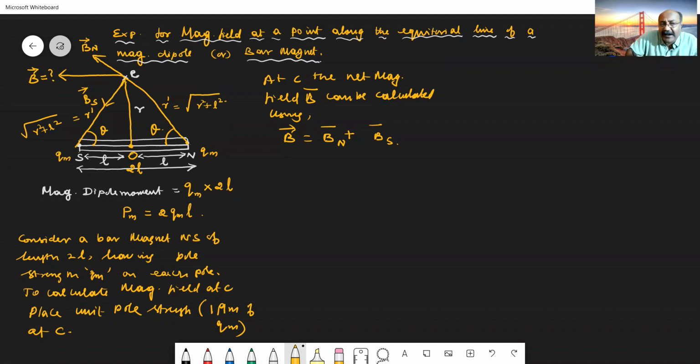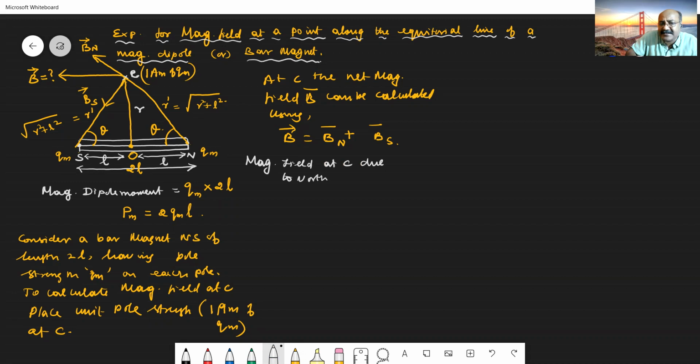In order to calculate, here 1 ampere meter of pole strength is placed. Okay, let us move on to the theory. First of all, I am calculating the magnetic field at C due to North Pole.